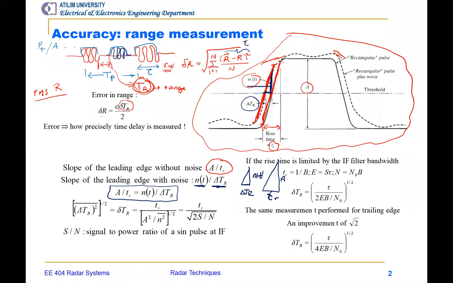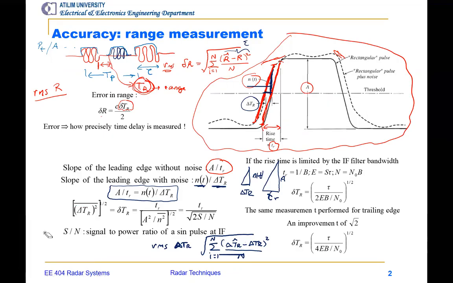Now, suppose that we have many such values. So we get the RMS delta TR simply as the square root of the sum over, let's say, 1 to n samples, of delta TR estimated minus delta TR measured, squared, over n.